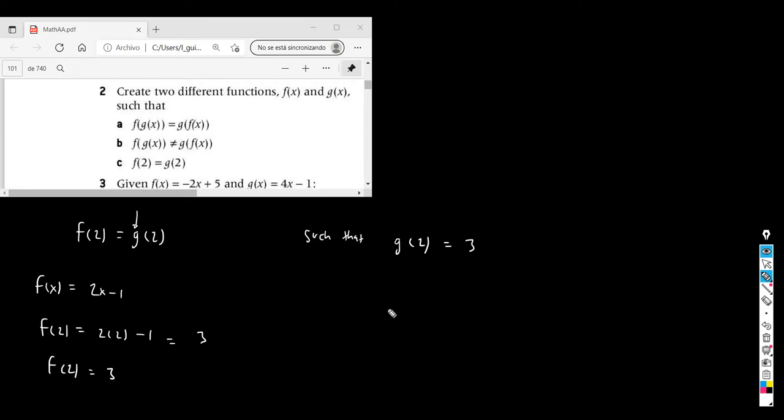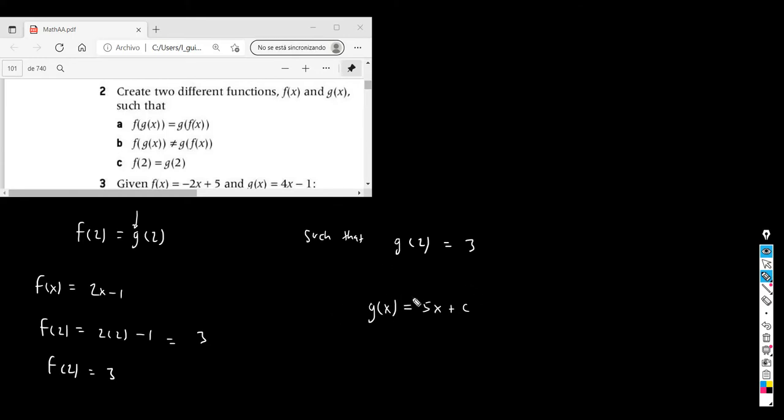All you need to do is start by doing something like this: g of x equals, let's say, any number, 5x, okay? And then suppose we want to add a constant here that we don't know yet.